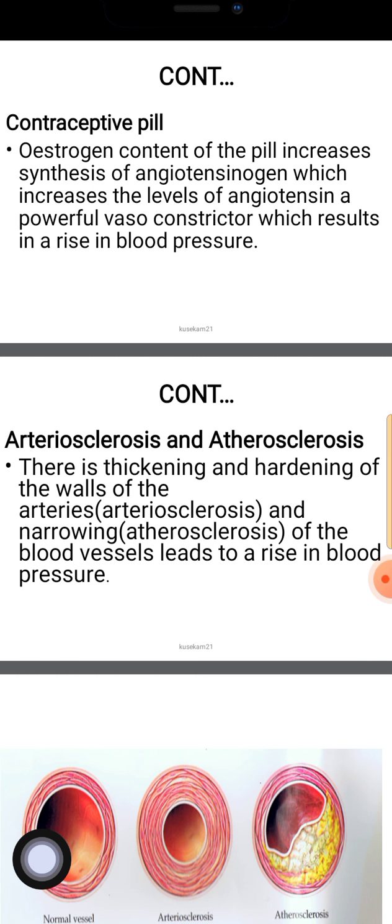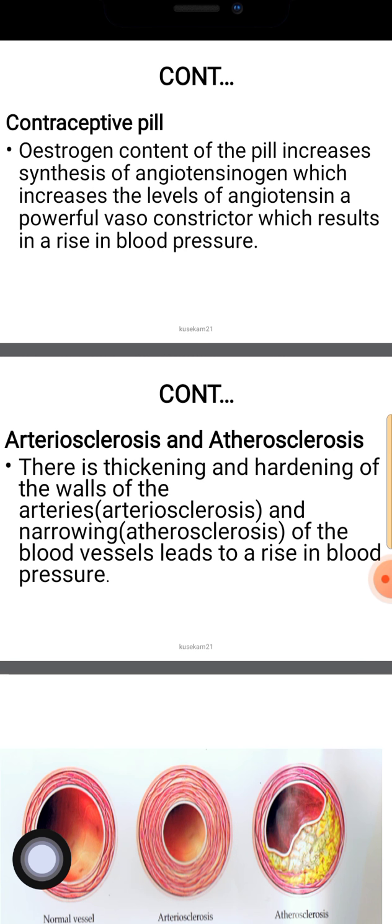The contraceptive pills, these people take them, so they have estrogen content. This estrogen content will stimulate the production of angiotensinogen. So when this angiotensinogen is produced, it will be converted into angiotensin 1. Remember from kidney disorder.